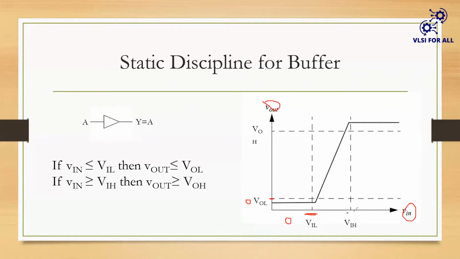Similarly, if the input voltage is more than VIH, then the output will be more than VOH only. Here you cannot guess or predict the input voltage which is coming. We need to see whether it is less than or equal to VIL or not, and greater than or equal to VIH or not. That's it. Similarly, you can see it for an inverter as well.